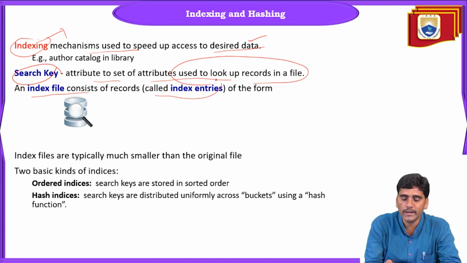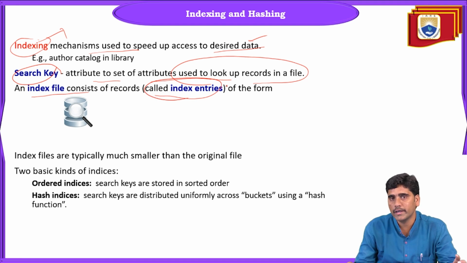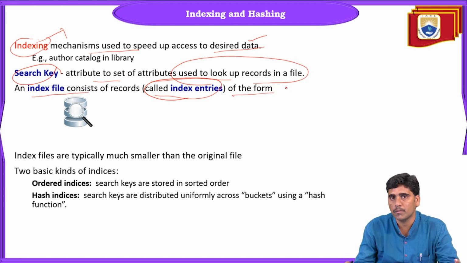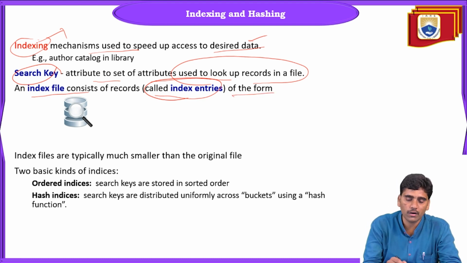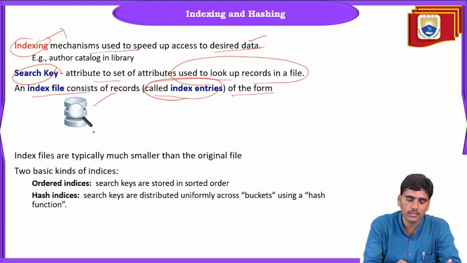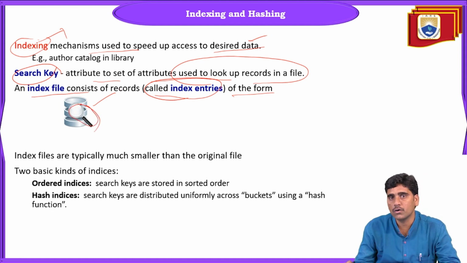An index file consists of records called index entries of the form: this is the search key, which is looking up all the records in a file.